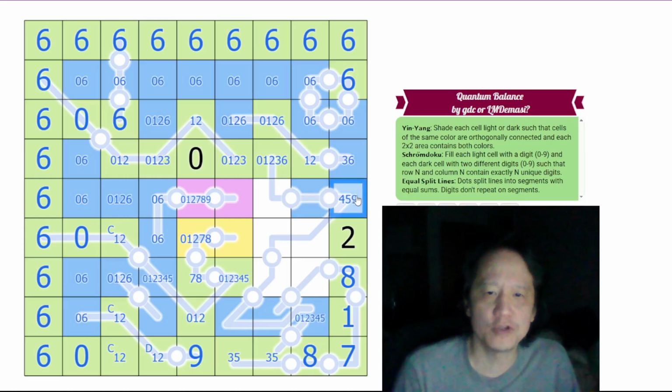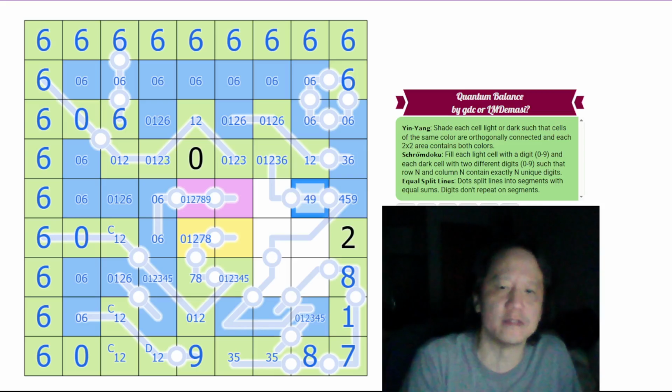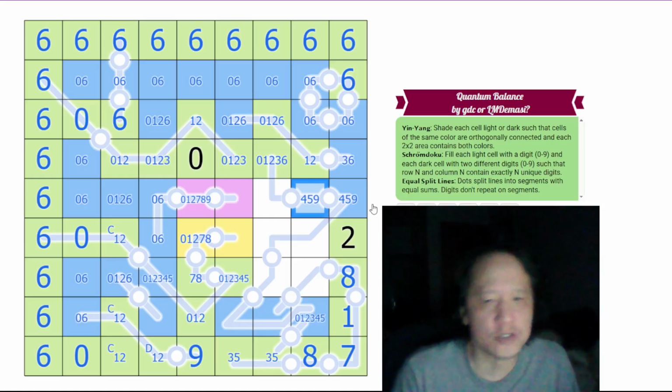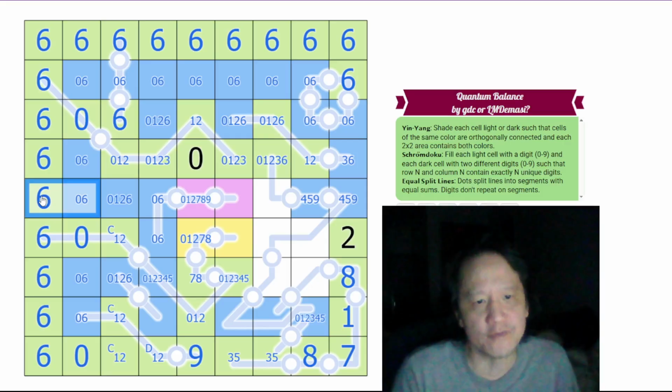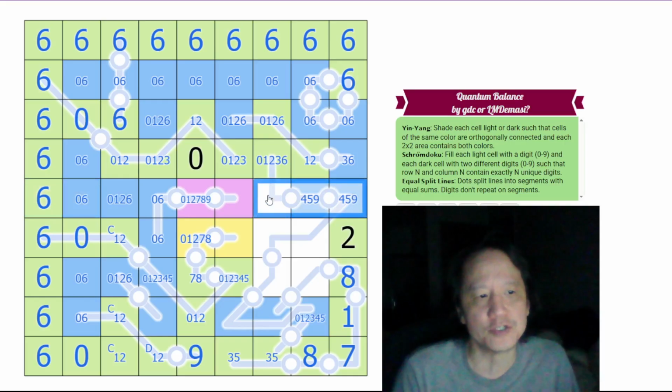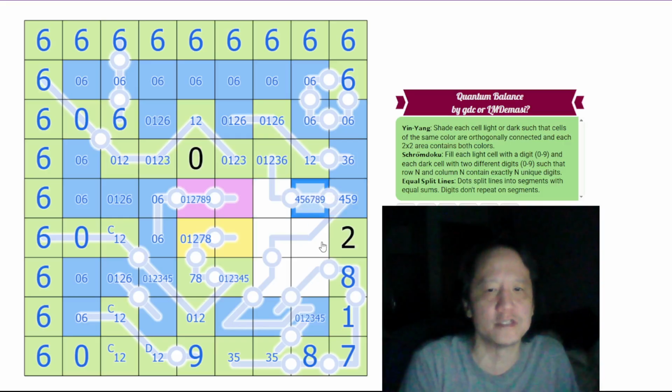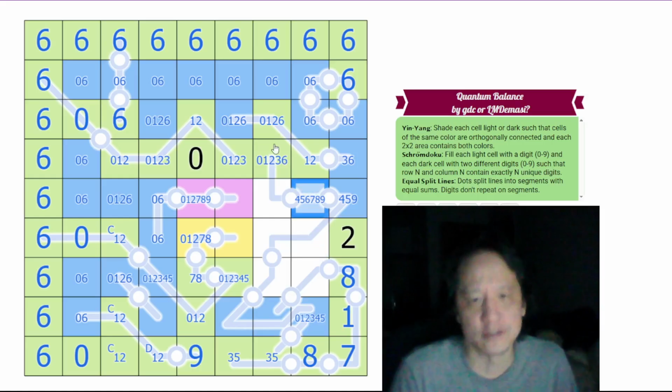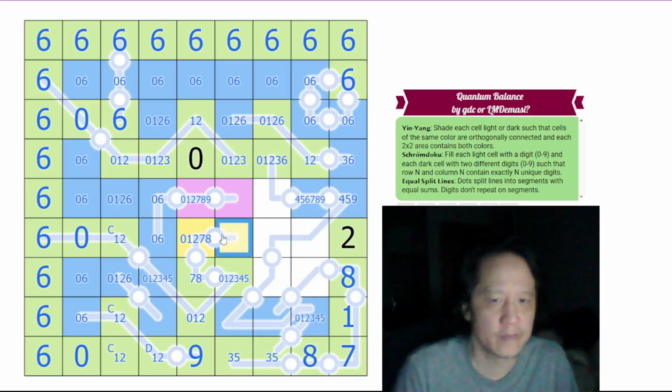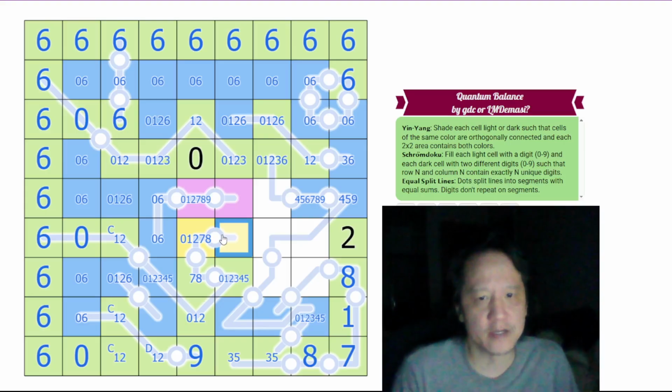If this is 4, this could be 49 and 49 added to be the same. 5959. Or it has to be, okay, so this is already 2 unique digits. We have 0 and 6 guaranteed here. So that means we have one other unique digit we can have. So that means this would be 6 and 7 or 6 and 8. Okay, so that's still the same combination. Okay, well, there's that.